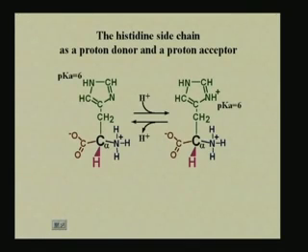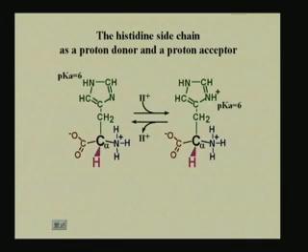At this particular point, I can protonate this nitrogen to form NH plus. It can also deprotonate to form this back. So, this is an equilibrium. Now, this equilibrium occurs at a pH between 6 and 7.